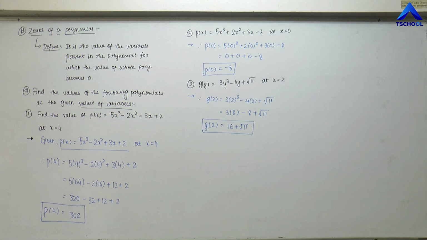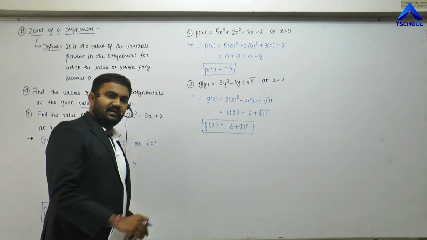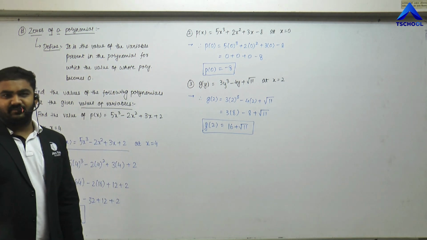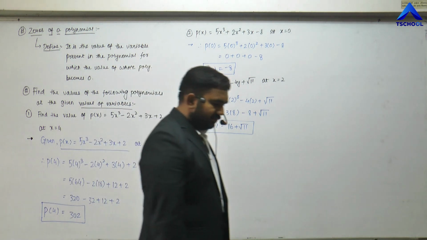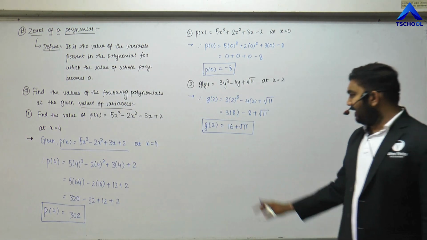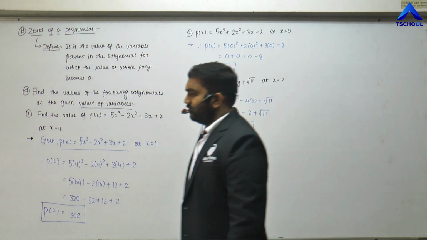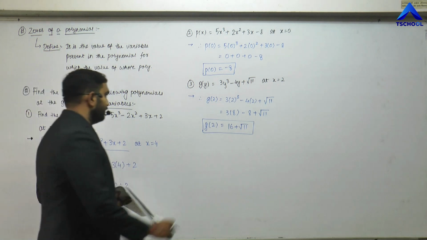As we saw in chapter number 1, on operations on real numbers, you cannot directly add an irrational number to a natural number. Is it clear, friends? So that is 16 plus root 11.